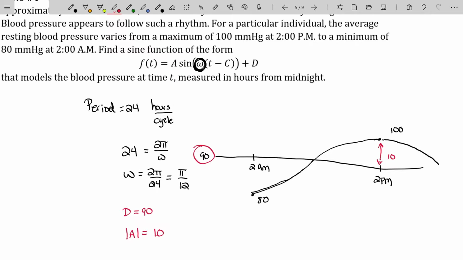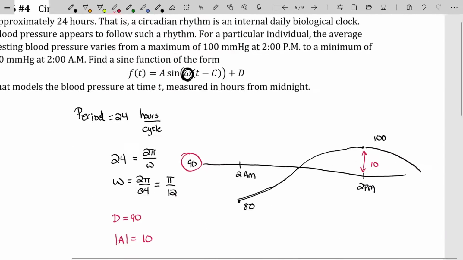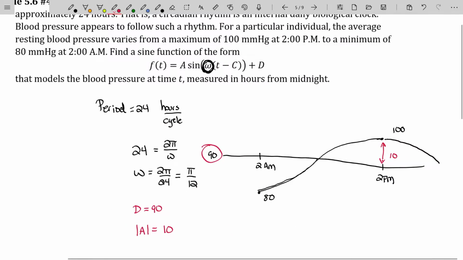The only other thing we really need is C, the phase shift. I would look at it this way, because they're trying to get me to model it using the sine function. So let's say it starts right here, because that's where a sine function looks to have started. What time is this?